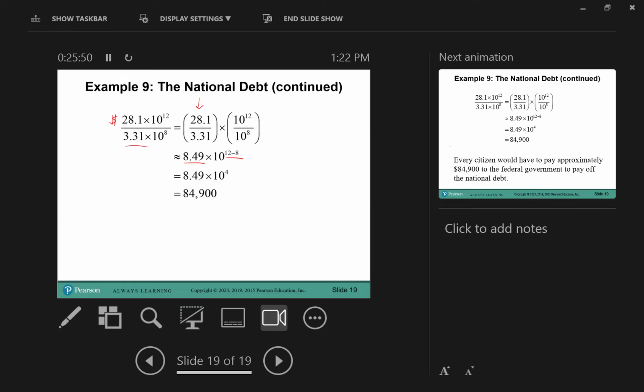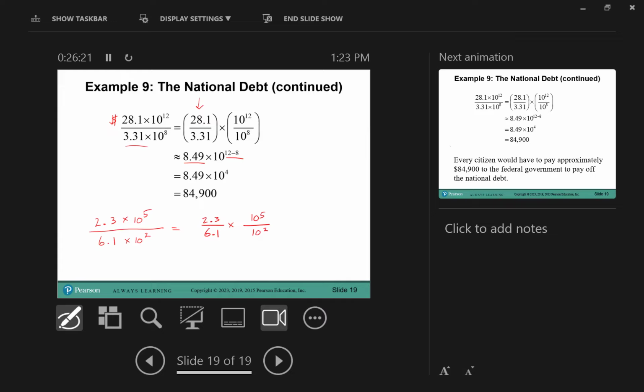Now, the thing that they tried to avoid here is if I have the scientific notation number of, let's say, 2.3 times 10 to the, I don't know, fifth, and I want to divide that by 6.1 times 10 to the, let's go 2. Then I can treat this as 2.3 divided by 6.1, and then my 10 to the fifth over 10 to the 2.